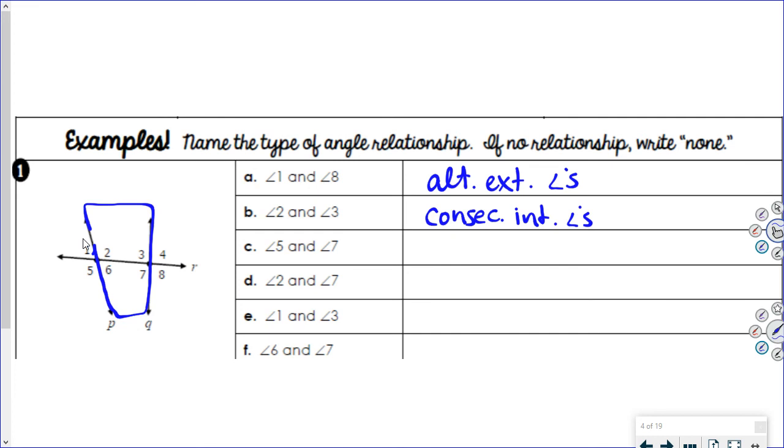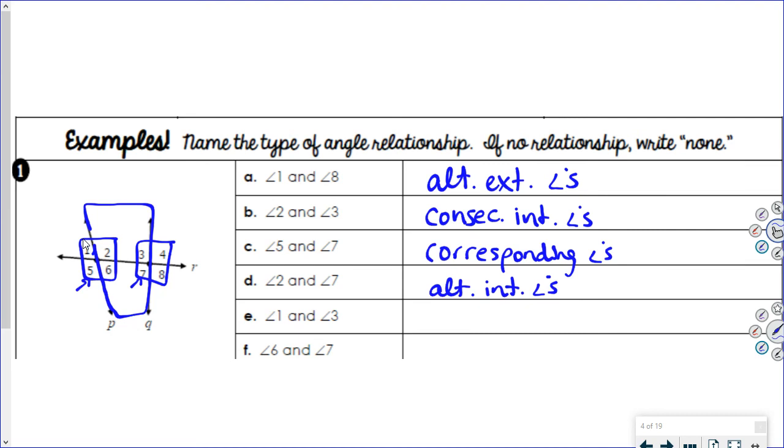If we look at 5 and 7, you have one on the outside here, one on the inside here. They are in the same location if you were to draw that box around. So if they're in the same location, they are corresponding. And then 2 and 7, both are on the inside, and then again, opposite side of the transversal, so they are alternate interior angles. 1 and 3, if we look at those boxes, we have one in the upper left, one in the upper left.